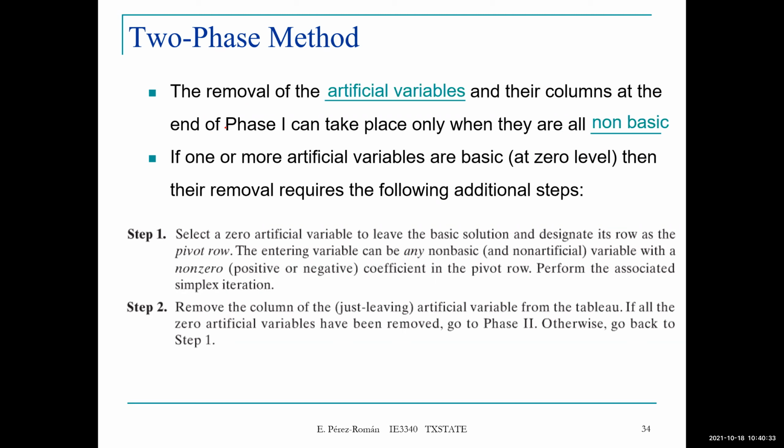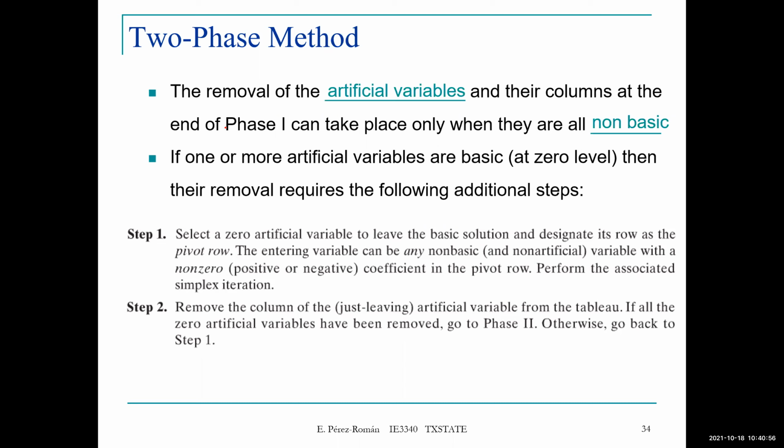Okay, so we can remove the columns if the artificial variables are non-basic. If one or more artificial variables are basic at 0 level, then the removal requires the following additional steps. We select a 0 artificial variable to leave the basic solution and designate this row as the pivot row.